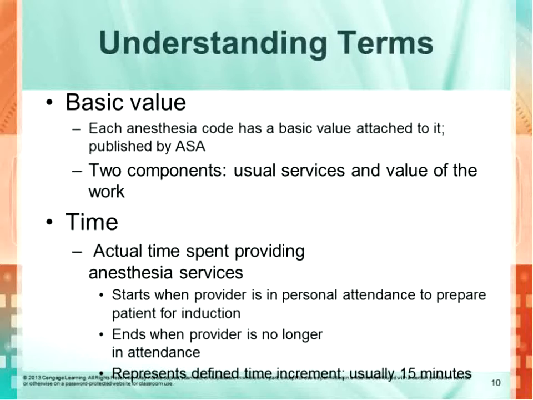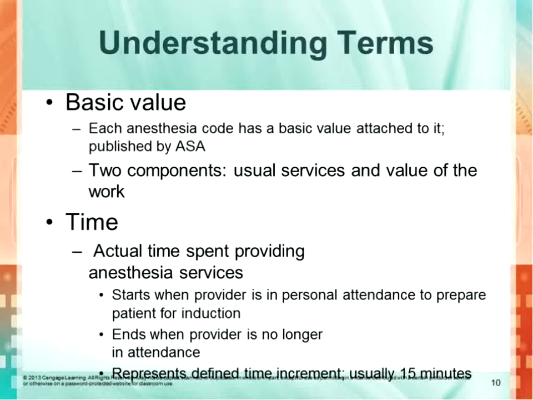Now, if there are services provided that are beyond the scope of these bundled services, then those services will be reported separately or in addition to your basic anesthesia service code. So this all flows into usual services, which is part of your component of your basic value.